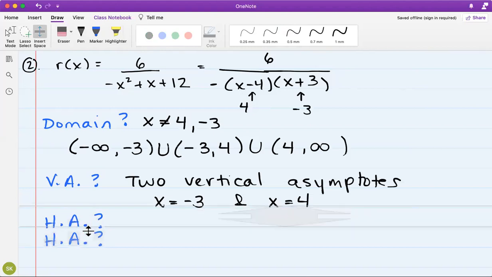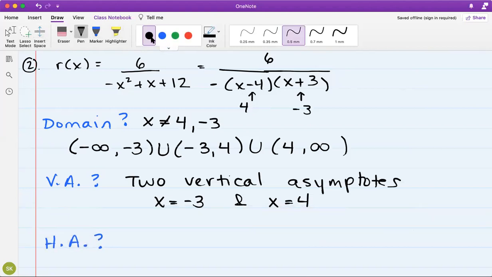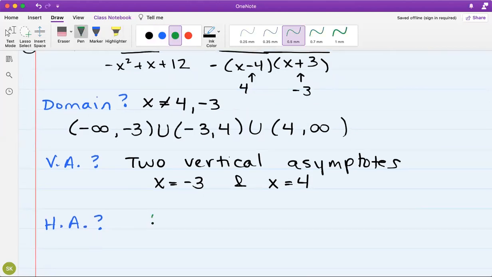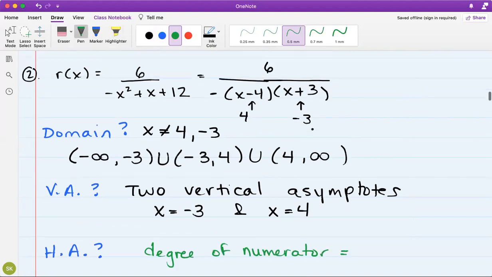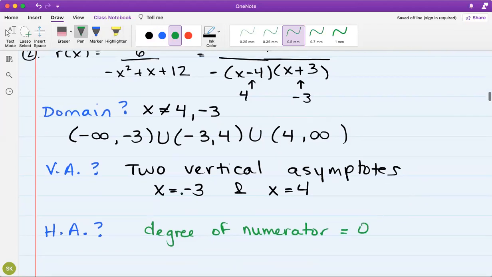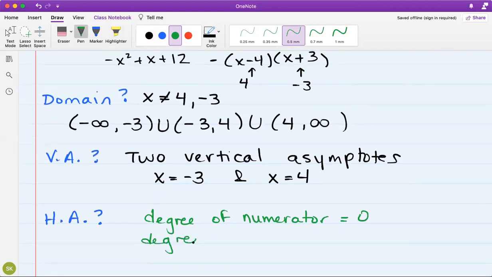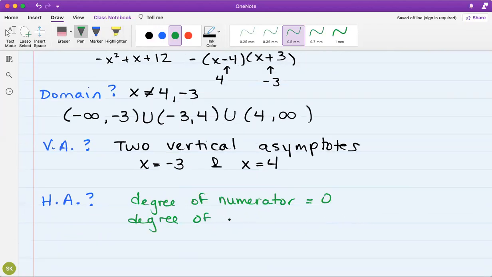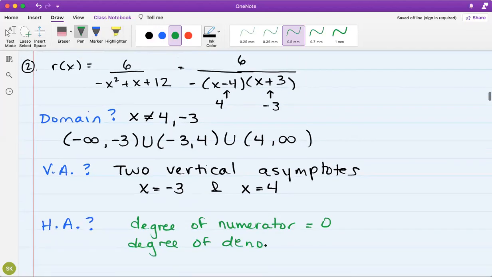As for horizontal asymptotes, we need to figure out the degree of the numerator and the degree of the denominator. So let's write that here. The degree of the numerator, well, the numerator is just the number 6. It doesn't have any x's. You can think of it being multiplied by x to the power 0. So the degree is 0. And the degree of the denominator, well, let's go back to this unfactored form.